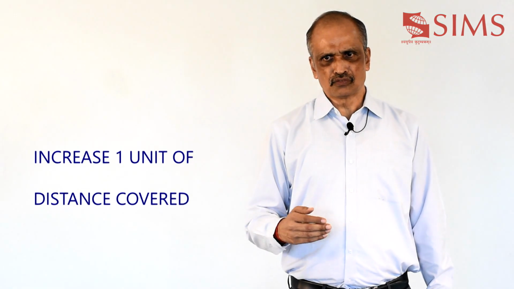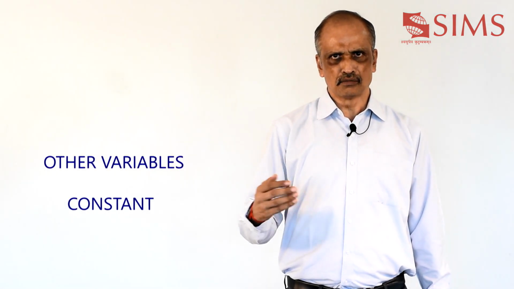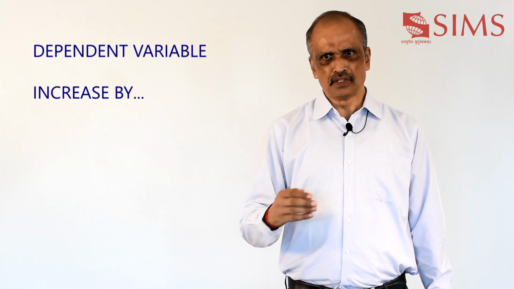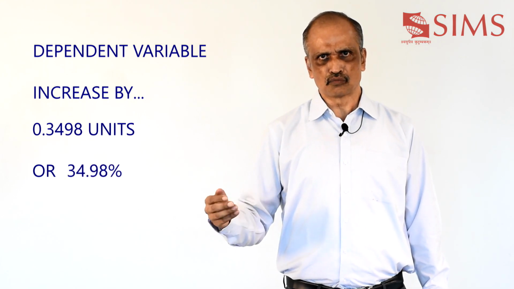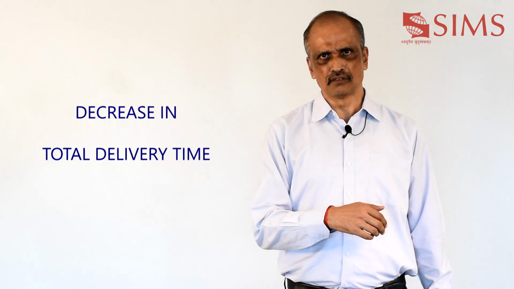If we increase 1 unit of distance covered, keeping all other variables constant, then the dependent variable will increase by 0.3498 units or 34.98%. Instead of the addition sign, if it is a subtraction sign or a minus sign, then the increase in the distance covered would lead to a decrease in the total delivery time.